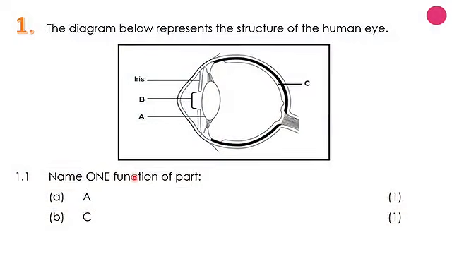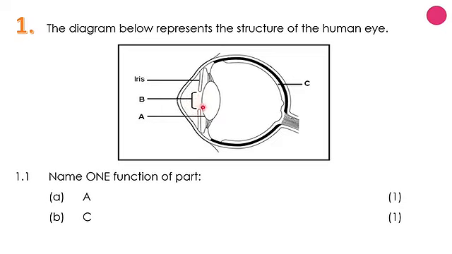We've got a question here. The diagram below represents the structure of the human eye. Right, so if we look at this diagram, they identify the iris there. Now I'm wondering, what is B? Look at the brackets.